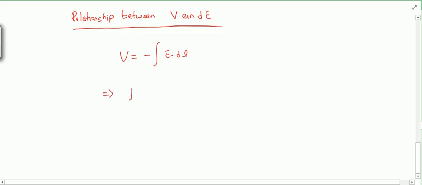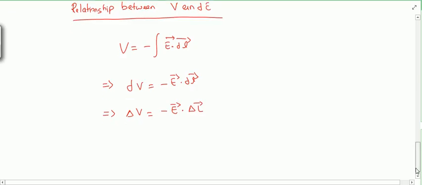Now if you are finding a small potential dV, then it will be minus E dot dl. If I write this in vector form, minus E dot dl. Now you can also say that for a small change in voltage, it will be minus E dot delta L.